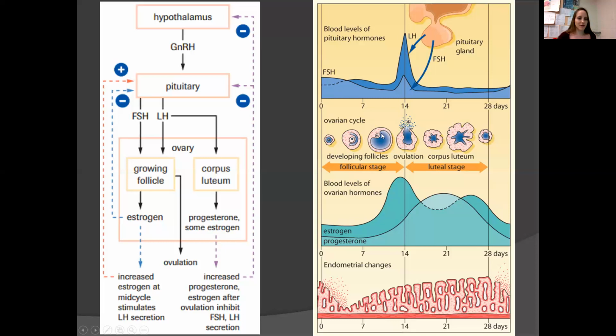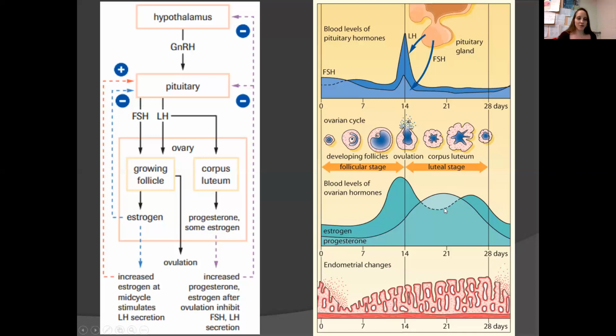You can also see that when the follicle is fully developed, that is when estrogen levels are highest, because remember, the follicle is producing estrogen. And when the corpus luteum is developing, that's when the progesterone levels are the highest. Once the corpus luteum breaks down again into the corpus albicans, that's when we have this big drop in progesterone at the end.